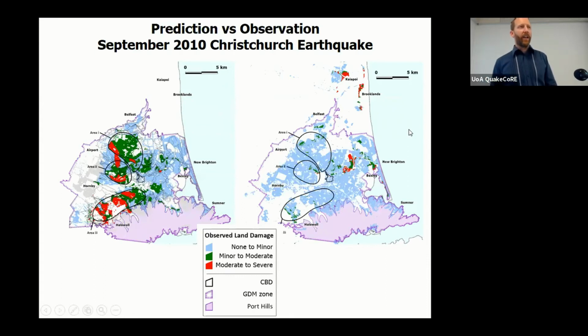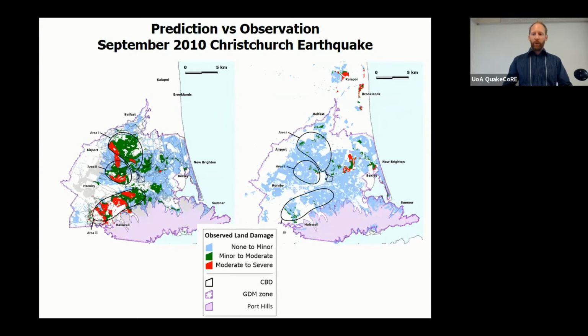Not ideal. We can see generally that there is a lot of over-prediction occurring, particularly in the western areas of the city, where the liquefaction is significantly over-predicted. A lot of that is due to particular soil issues within those areas where those liquefaction prediction methods are really struggling to correctly predict the liquefaction.